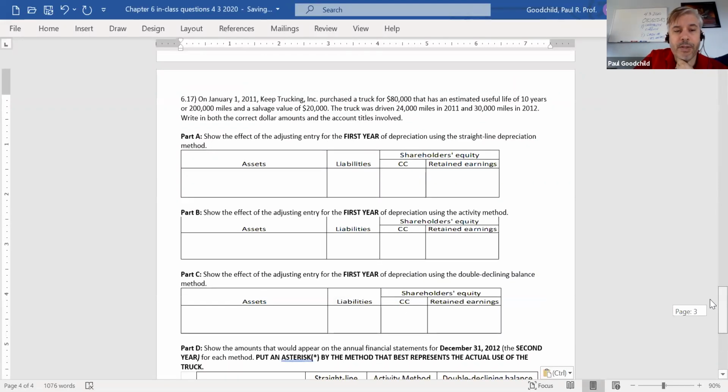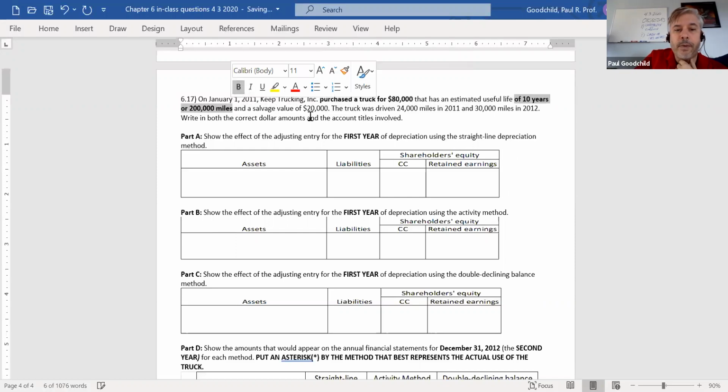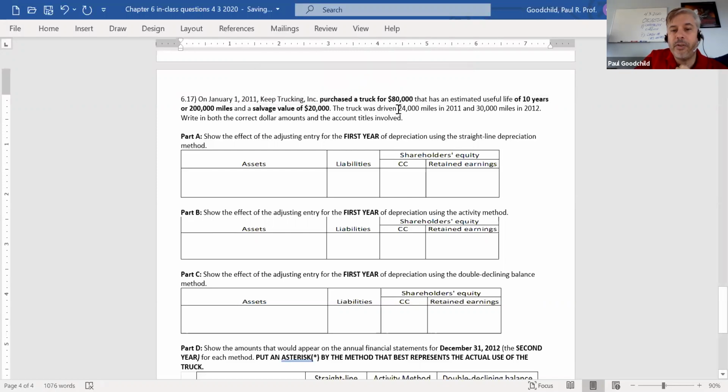Okay. Hopefully you can see 6-17 says they purchased a truck for $80,000 that has an estimated useful life of 10 years or 200,000 miles and a salvage value of 20,000. Then some additional information.